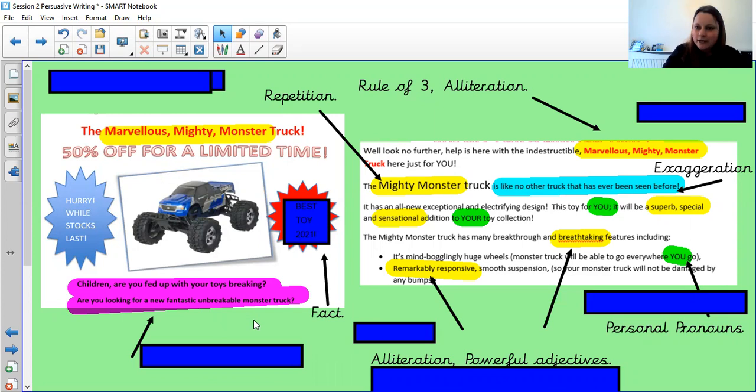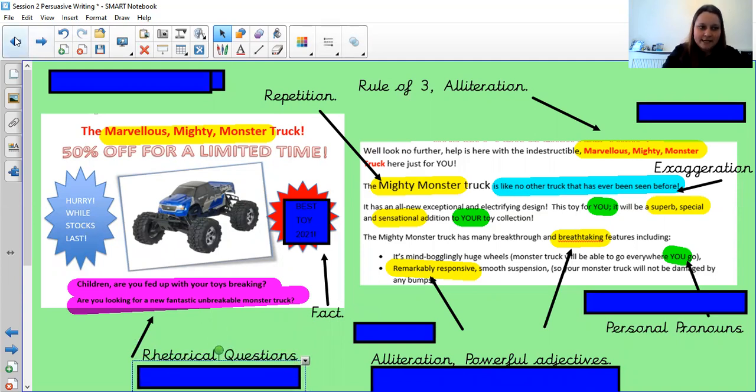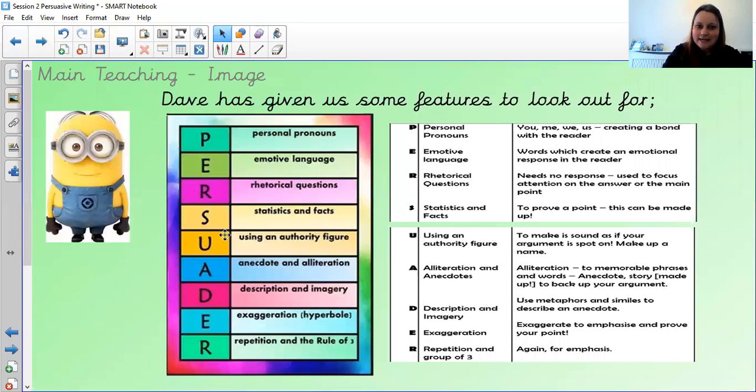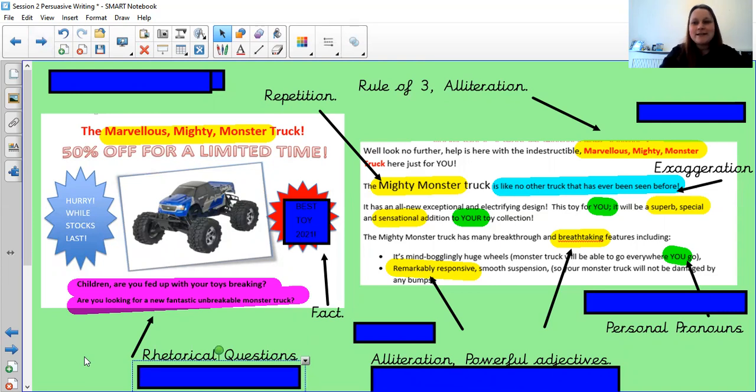Children, are you fed up with your toys breaking? Are you looking for a new, fantastic, unbreakable monster truck? So what have we got there? Look at the punctuation at the end. They're questions. And if you remember from Dave's helpful hint here, rhetorical questions, that's what we call them. We don't expect the reader to actually answer that question, but it does make the reader think, am I fed up with my toys?